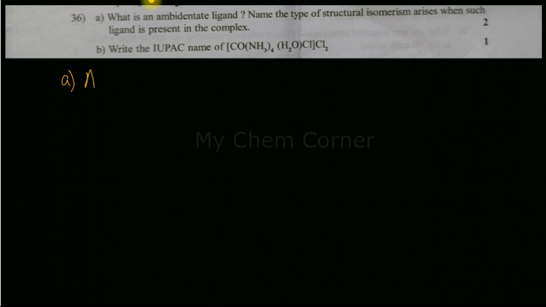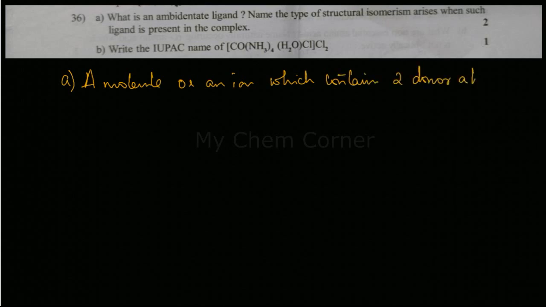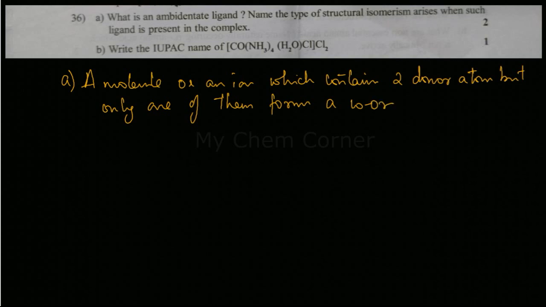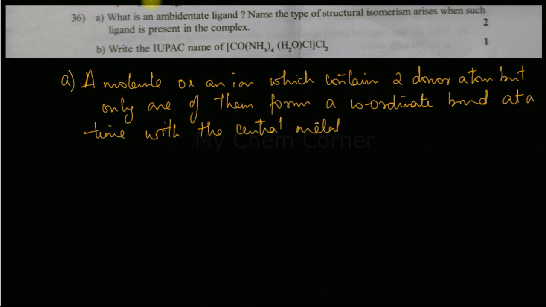So for this we can write that a molecule or an ion which contains 2 donor atoms but only one of them forms a coordinate bond at a time with the central metal atom.